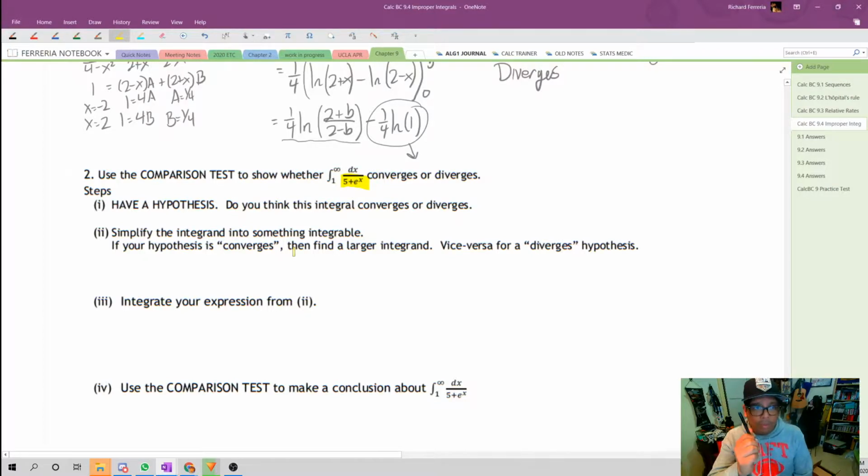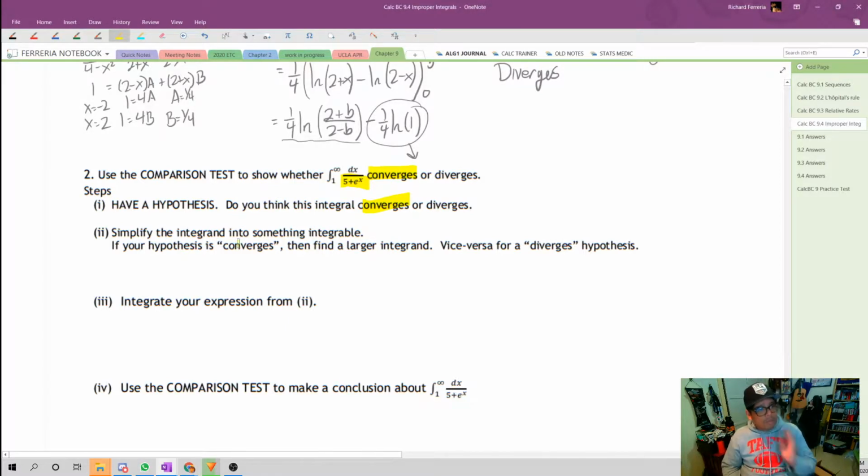If you remember from looking at our graphs in past lessons, if the function approaches the x-axis really quickly, if the function decreases really quickly, we're going to have a converging function. So I'm going to guess this is going to be converging. That's my hypothesis. Number 2, simplify the integrand into something integrable.